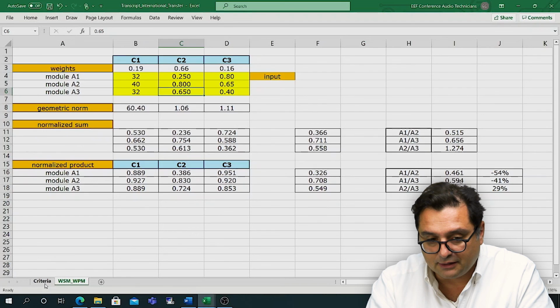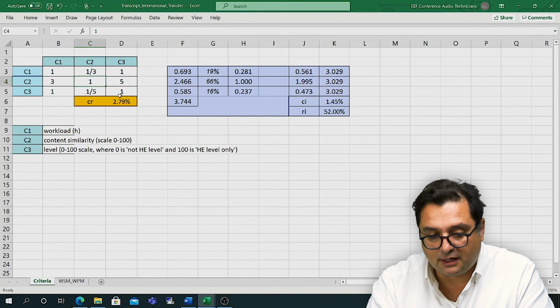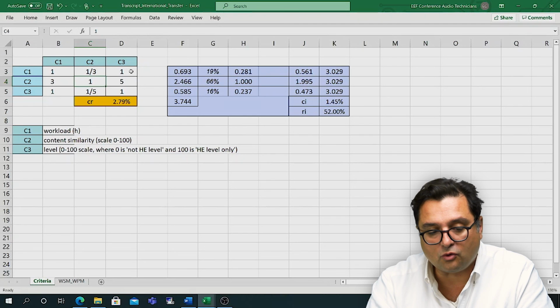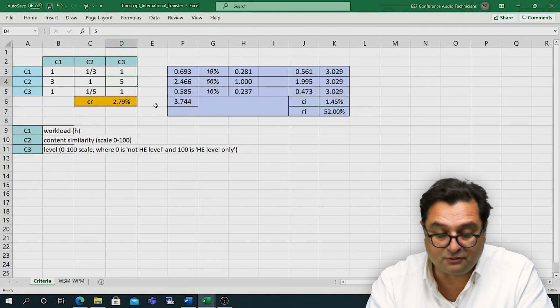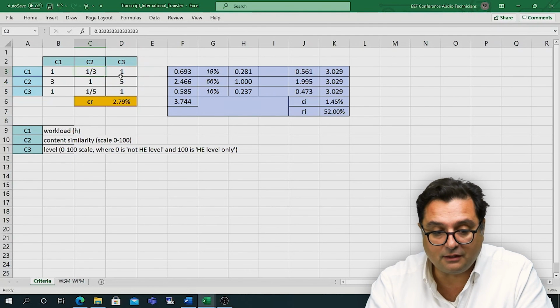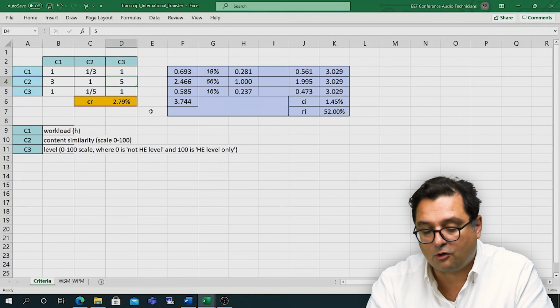The only element that quantifies our subjectivity is the so-called decision matrix here, where we actually say that criterion 1 is less important than C2, or it is equally important as C3. These three values here, 1/3, 1, and 5, reveal our subjective judgment, reveal our biases, reveal our priorities.